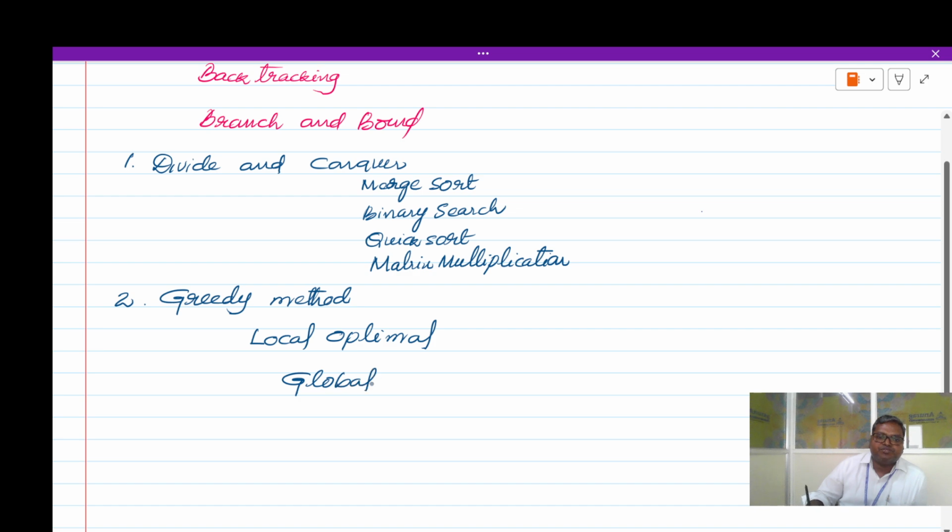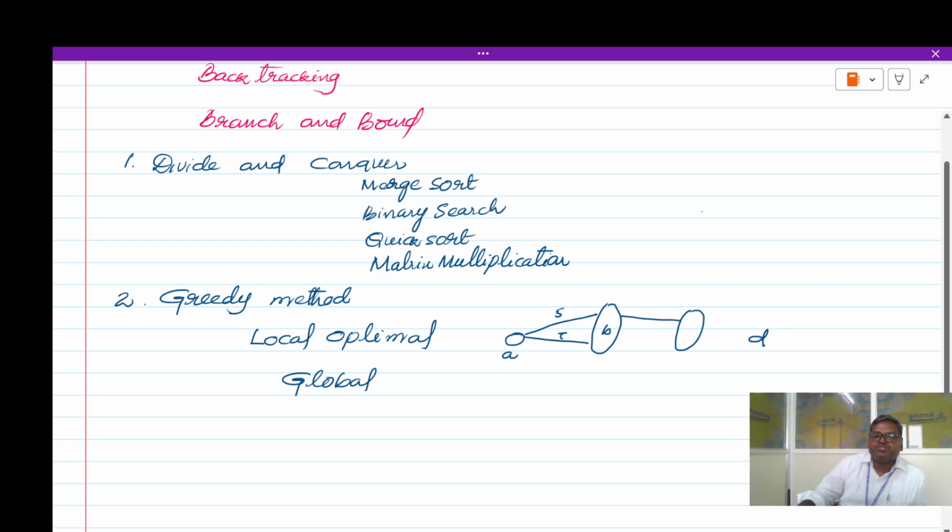So, for example, if you are going from station A to station D, and in between you have station B and station C, and from A to B, suppose you have two paths. Which will you choose? Suppose this is 5 and this is 7. You will choose 5 because you want to travel with less cost.